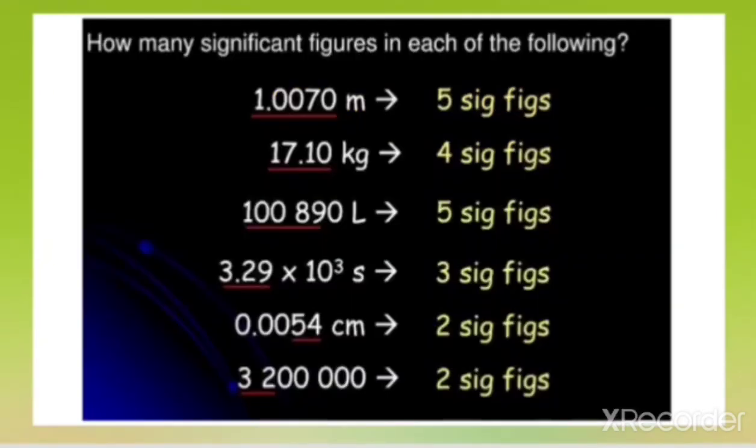Now let us do a problem. How many significant figures are there in each of the following? Here some examples are given. I'll be explaining some examples, and the rest of them you can check yourself.